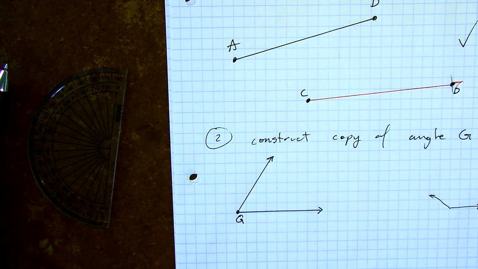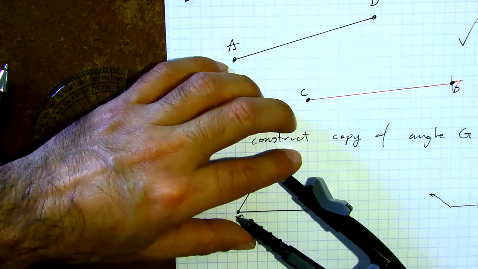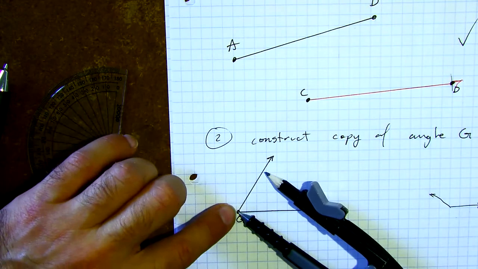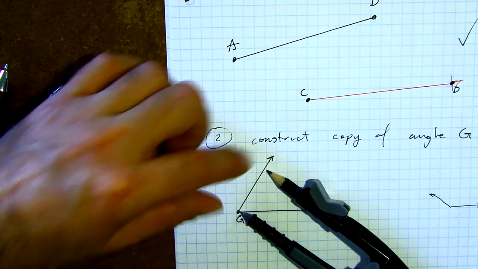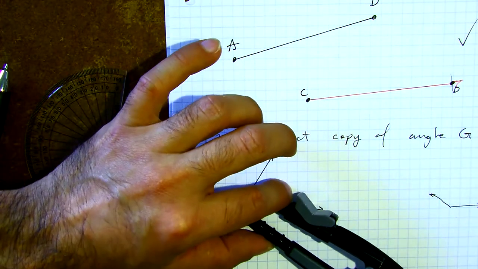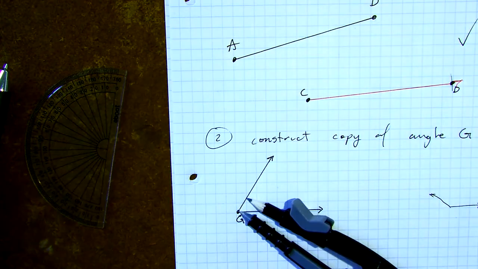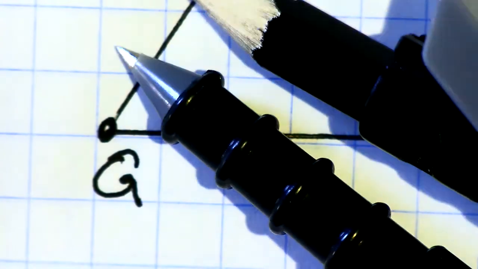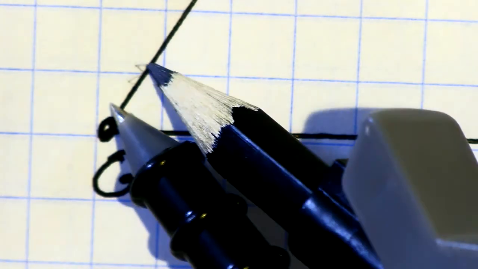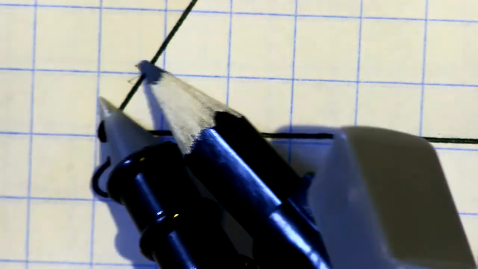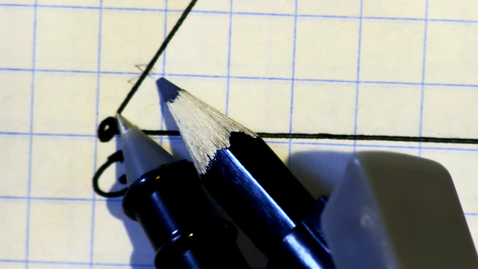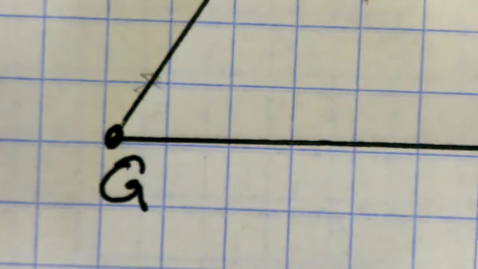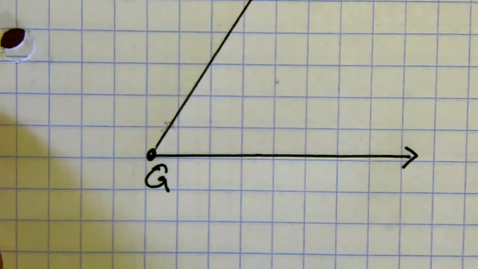Let's go ahead and get our compass so that we can put the spike on G. And this is where I'm choosing, right? I could choose this if I wanted to use my microscopic doc cam to make crazy small arc lengths. I could decide to make it this big, but that's not helpful for anything unless you're using a really, really tiny compass.